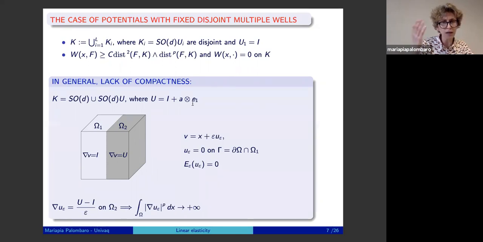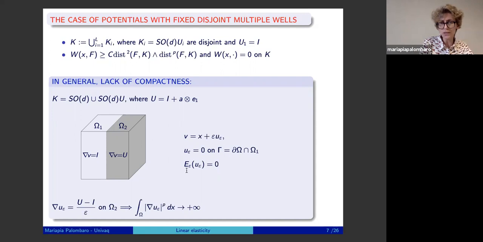This means that one can laminate, one can define a deformation v whose gradient lies in both wells on sets of positive measure. So the gradient of v is the identity in half of the domain and is equal to U in the other half of the domain.